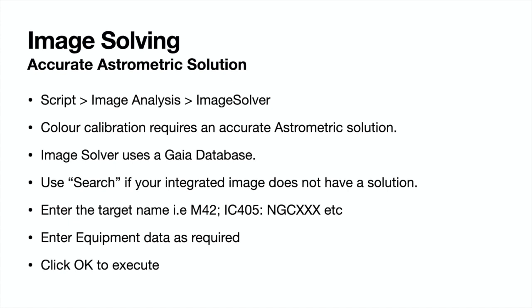If your image doesn't have any data inside the boxes you'll see in a moment, then you can do a search, enter the target name, and then it will fill in the necessary data. You also need to enter the equipment data as required and then click OK to execute.